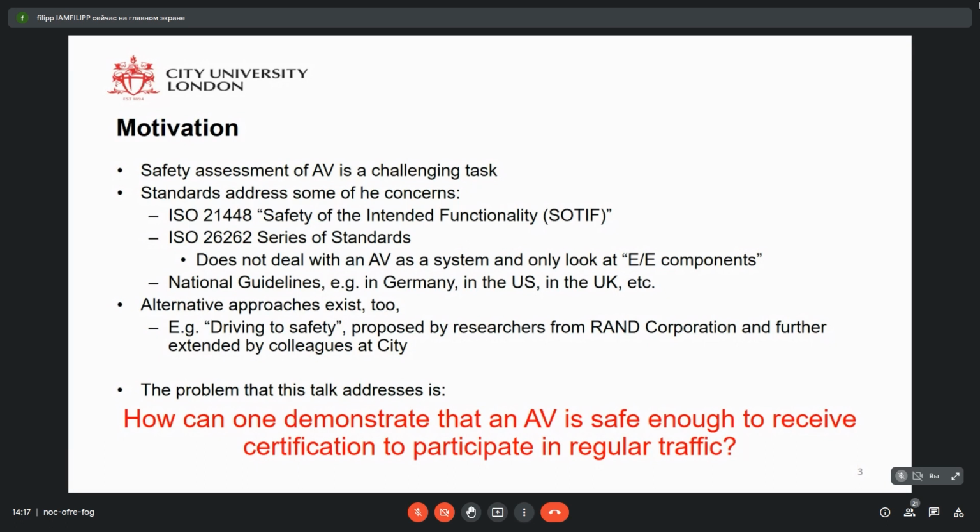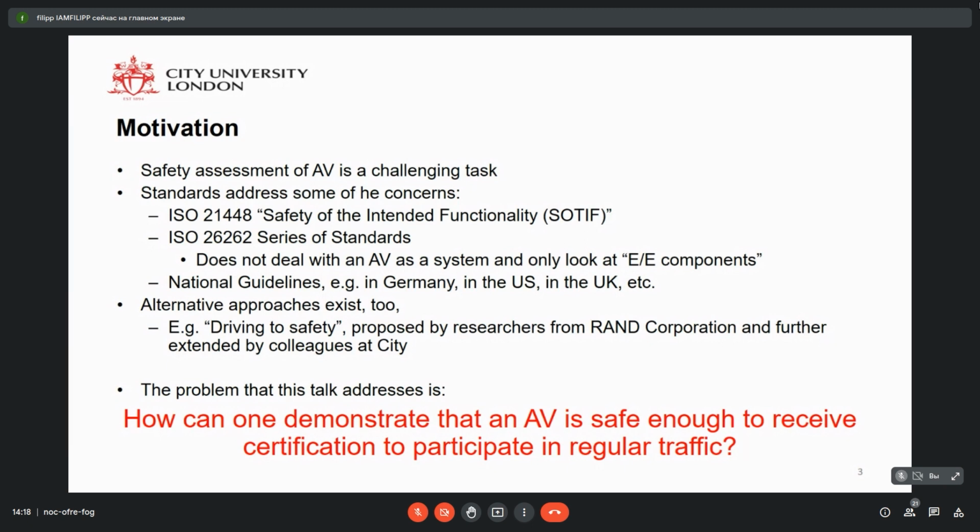So essentially the point is how many miles autonomous vehicles need to have driven successfully in order for us to conclude that this particular AV, or maybe the AV as artifacts, are sufficiently safe to be licensed for use on the public roads.